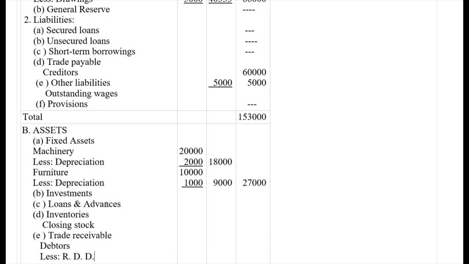So now let us go for substituting the values here. The value of the debtors, which is given in the problem as rupees 80,000, less RDD, which we calculated as 4,000 here.